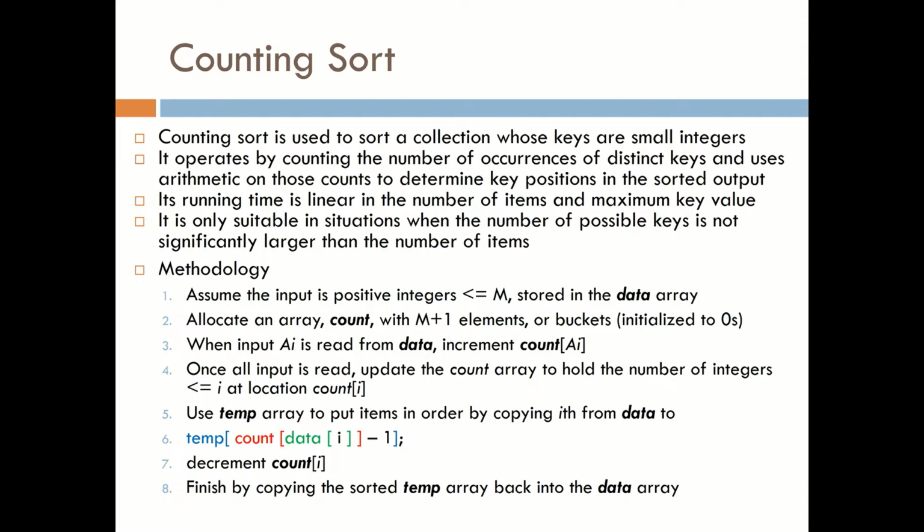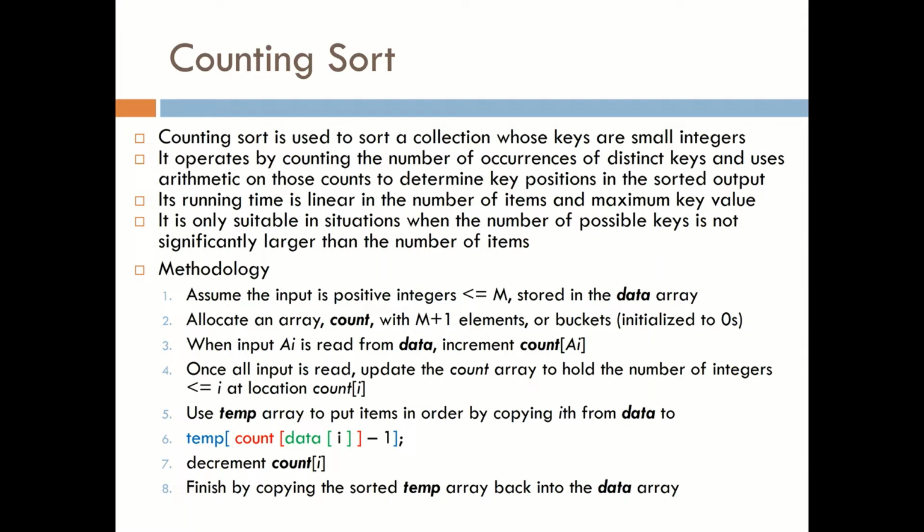We will then allocate an array called count, having m plus 1 elements, and again, m is the maximum value in the data array. And these elements are sometimes referred to as buckets. We will initialize these to 0.